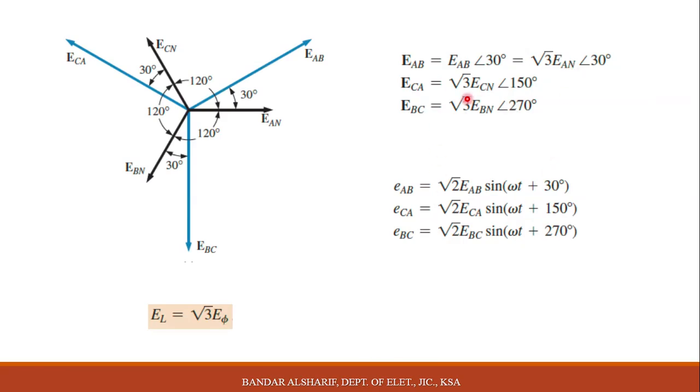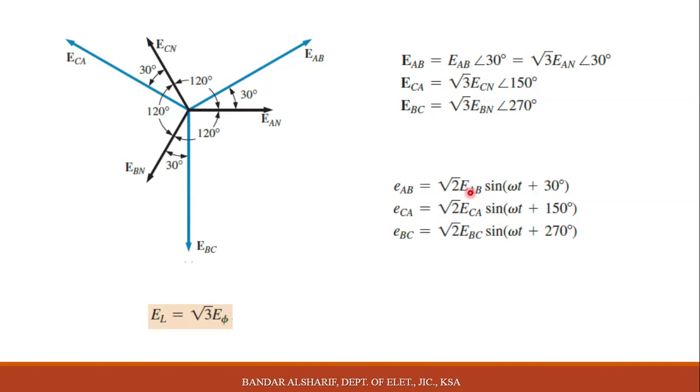What if we need to write EAB, ECA, EBC in the sinusoidal expression? We will multiply by root 2. Don't forget, all these are RMS values, since it is phasor form.